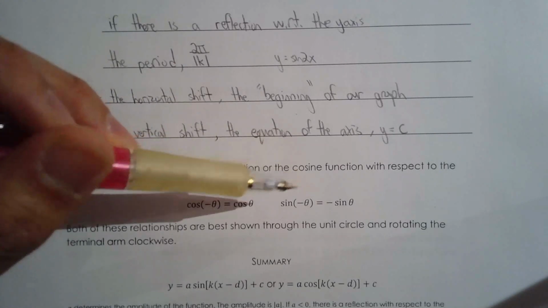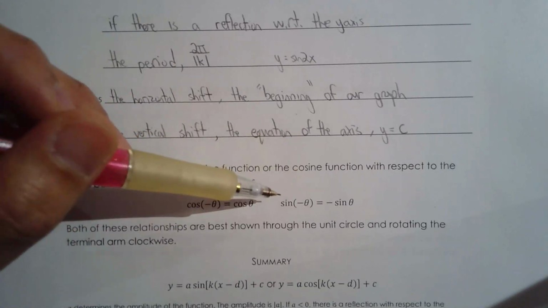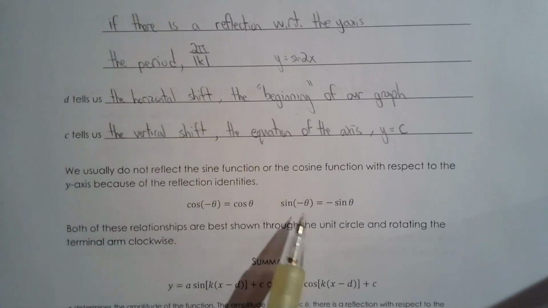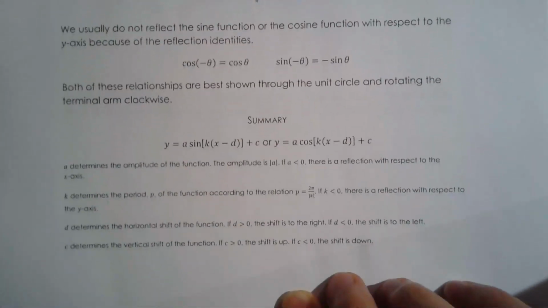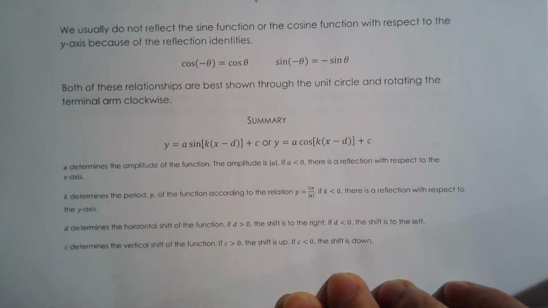Now, for sine, that's an odd function, so you can convert that reflection with respect to the y-axis to a reflection with respect to the x-axis. Okay, so in summary, that's what we said about A, K, D, and C. So each parameter gives us very important information, and we're going to use that to help us graph trig functions.